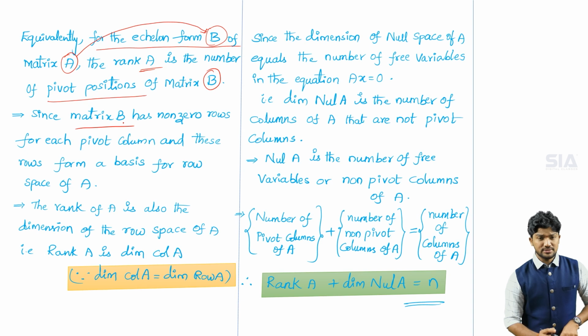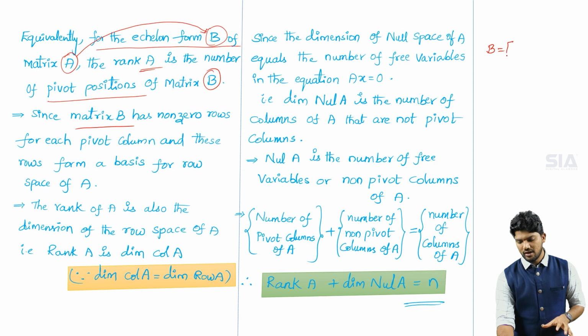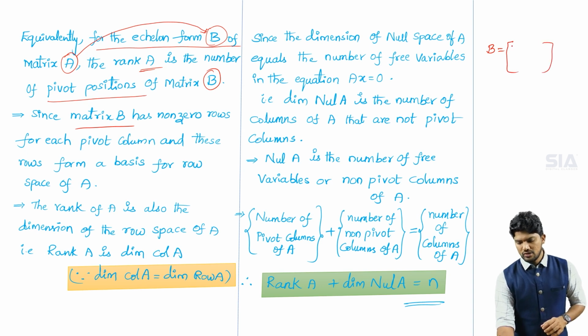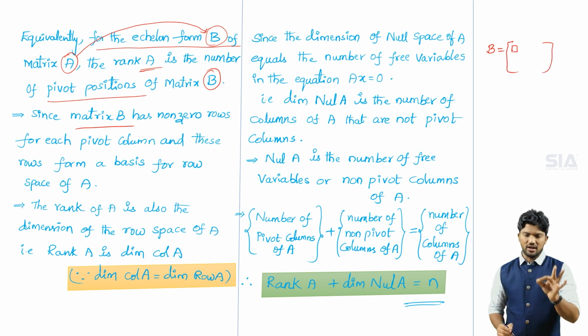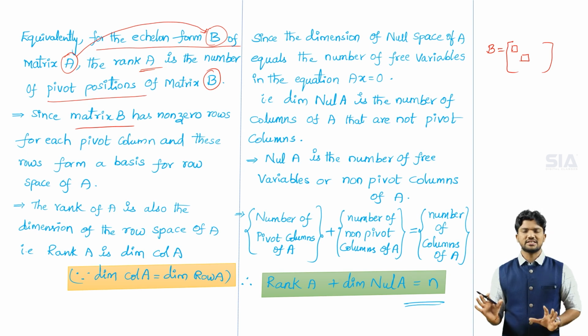Since matrix B has non-zero rows for each pivot column, you know very well, whenever you get an echelon form for any matrix capital B, according to the properties of the echelon form, the topmost element should be non-zero, that is the pivot position. Okay, and all pivot positions are in the diagonal format only whenever it is a square matrix.